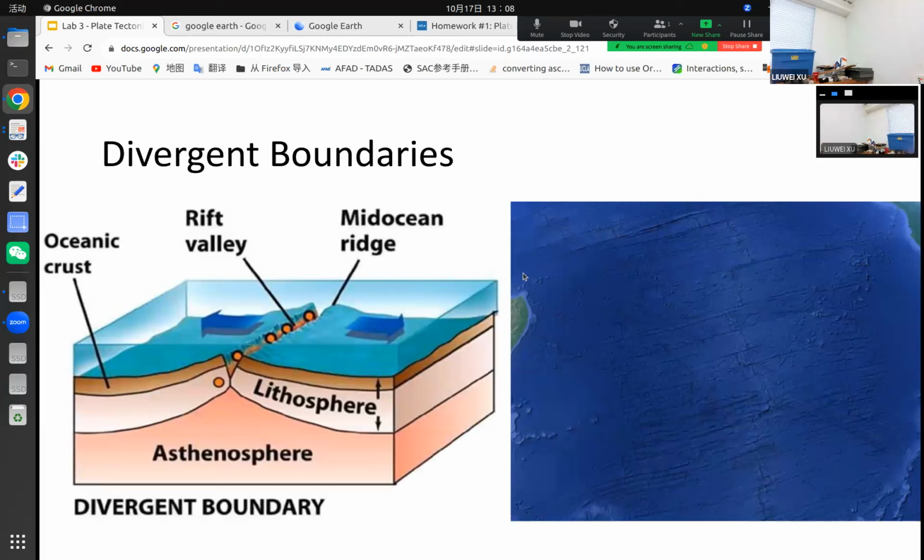When it reaches the surface of the Earth, it will cool down very quickly and form new rocks at the mid-ocean ridge. And this new crust will push the lithosphere on two sides away from each other. So it's a divergent boundary. The right figure is not very clear, so we can skip the figure. You will have a chance to look at them carefully in your lab assignment questions.